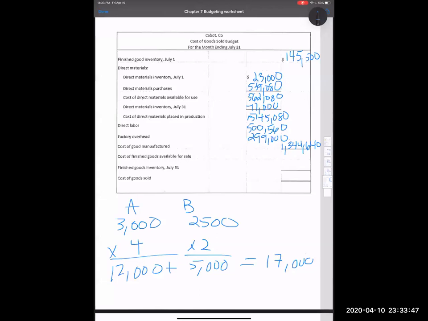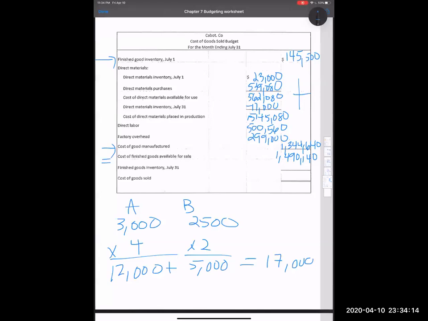So then we have our cost of finished goods available for sale. To get this number, we're just going to add our finished goods inventory plus our cost of goods manufactured, and that's how we get this number. And it comes out to 1,490,140. All right, so it's this one plus our cost of goods manufactured to equal that.